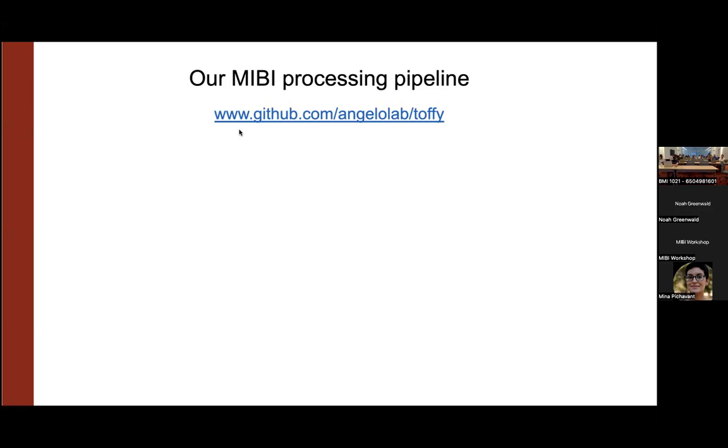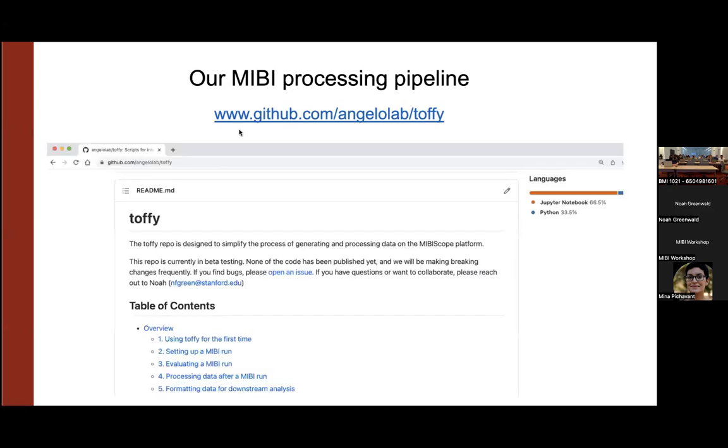This is where we put all of the MIBI-specific run setup, acquisition, tweaking, and image processing tools that work specifically for the commercial instruments. There's a nice README that walks you through it.